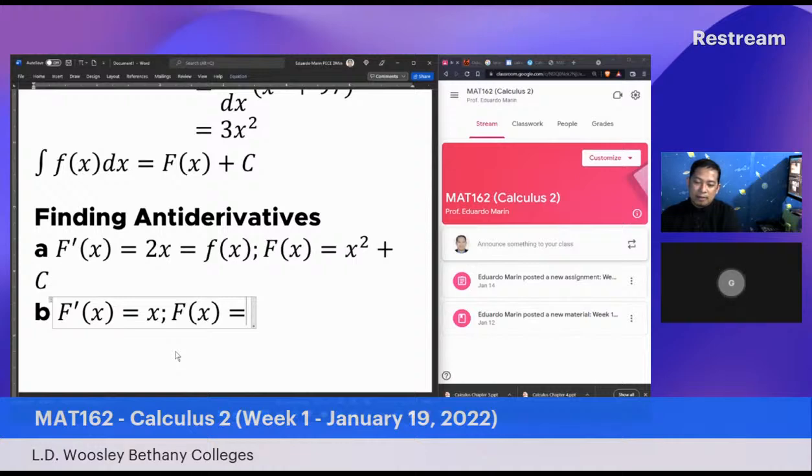Mali pa. Anti-derivative tayo. Derivative yun. Antiderivative. Pabaliktad. X plus a constant po ba siya? That is, x lang. Kasi pag kinuha mo yung derivative ng x is 1. So, hindi na siya x.